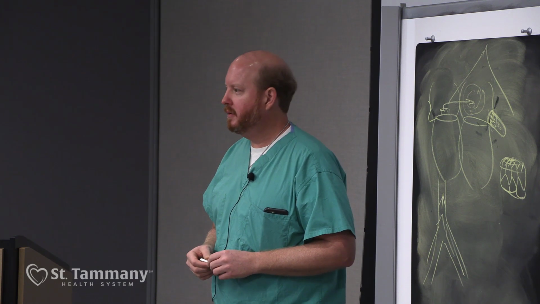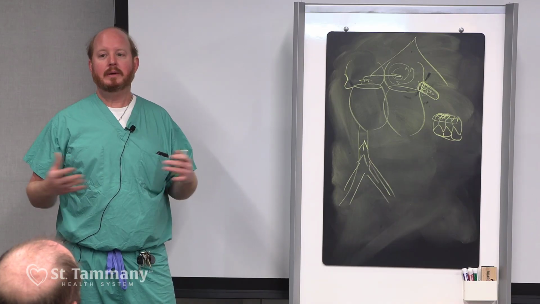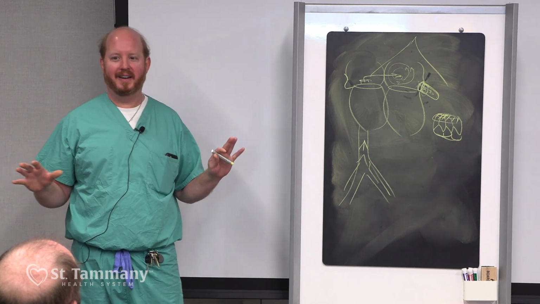This is where I take another jab at my lung doctor friends. You've got these wonderful filters called lungs that'll keep that thing from going off and causing a stroke or occluding the kidney or your toe or your gut. So yes, PEs are bad. I'm not saying they're not.